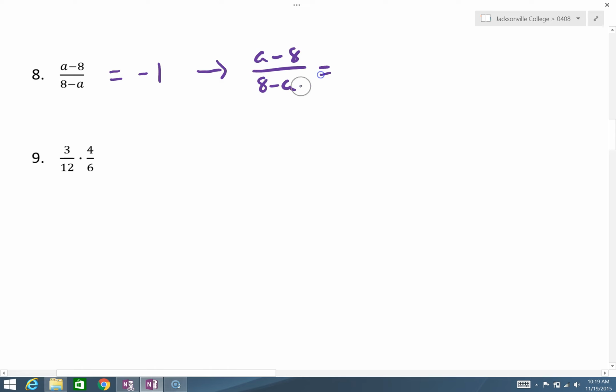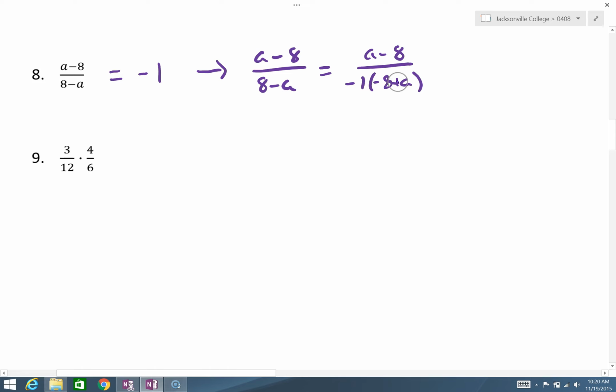Well, let me factor out a negative 1 from the denominator. So in the numerator I have a minus 8. The denominator I have a negative 1 factor. Well, 8 divided by negative 1 is negative 8.